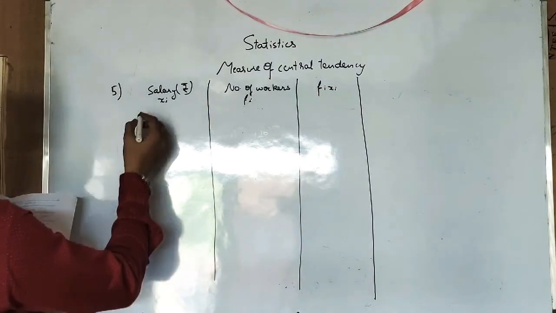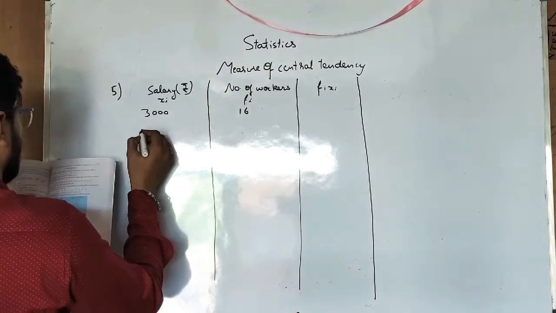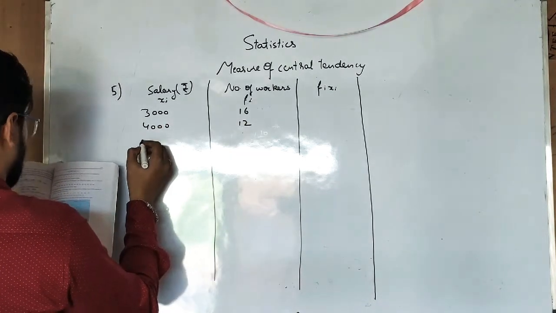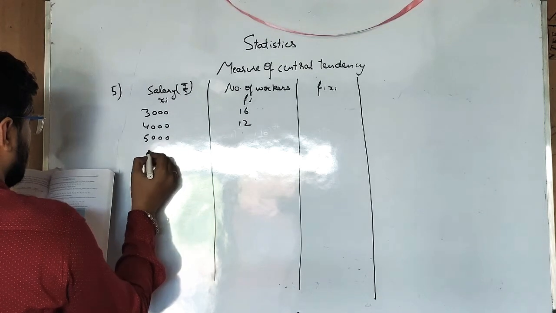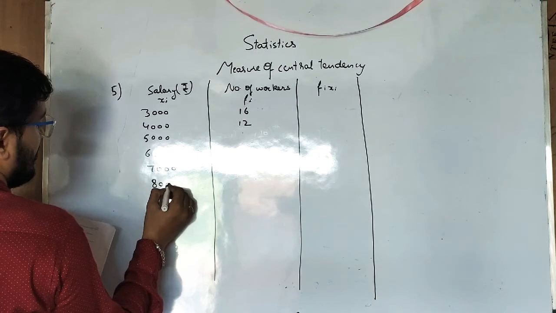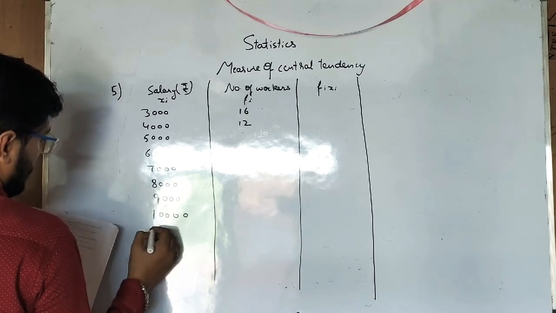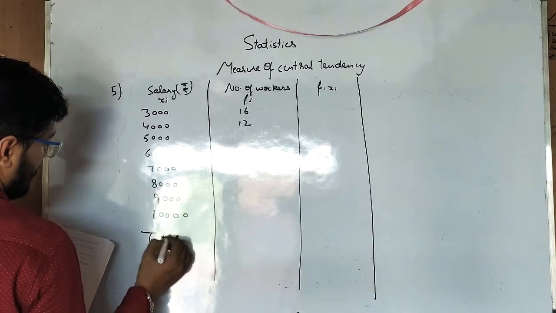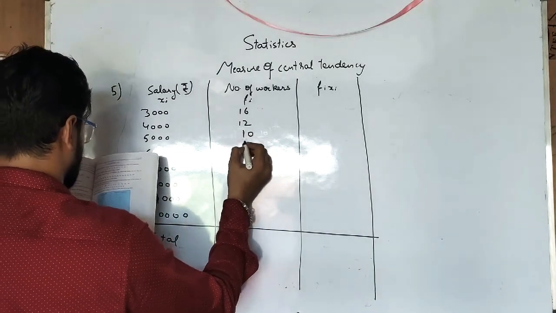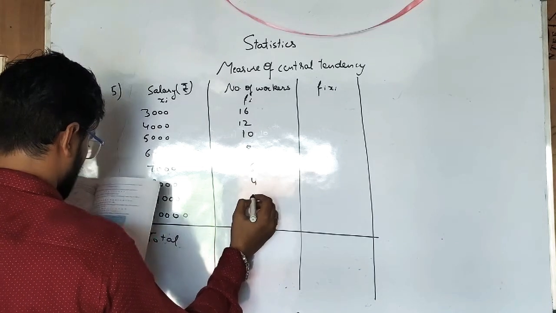So 3000, 4000, 5000, 6000, 7000, 8000, 9000, 10,000, right? Total. So 12, 10, 8, 6, 4, 3, 1.